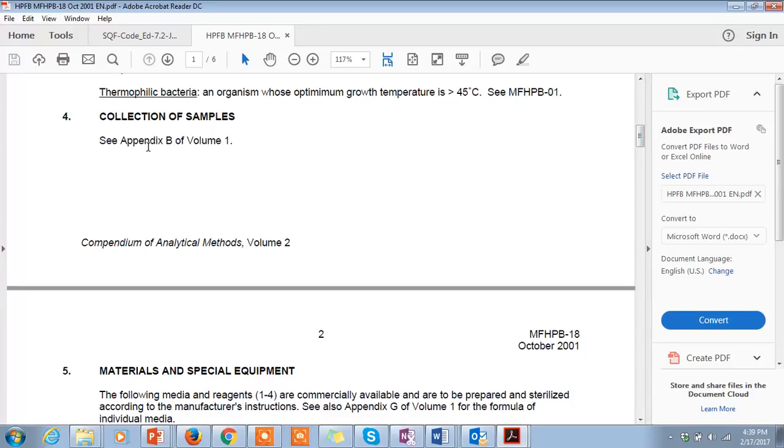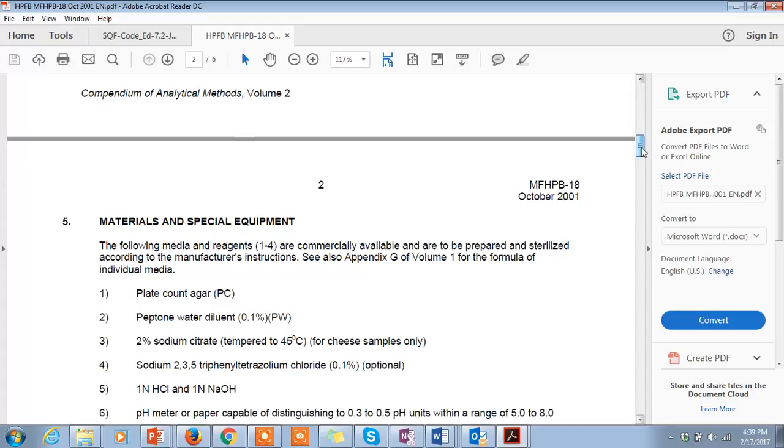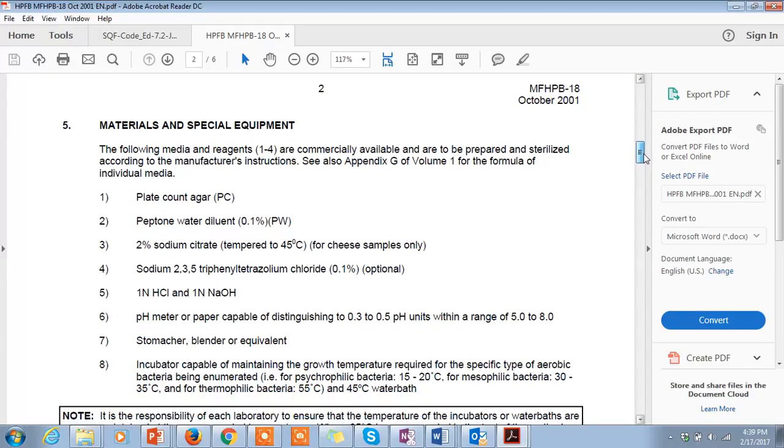Oh, and it says cross-reference to Appendix B of Volume 1. This is why you need a copy of Volume 1. But here is my method.